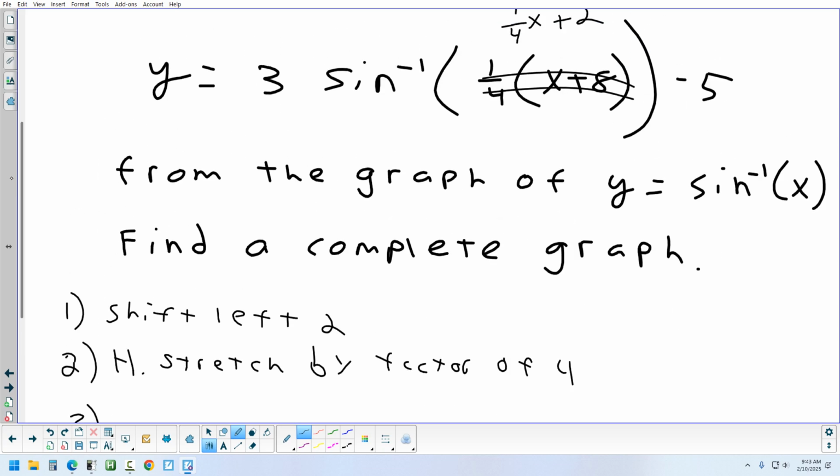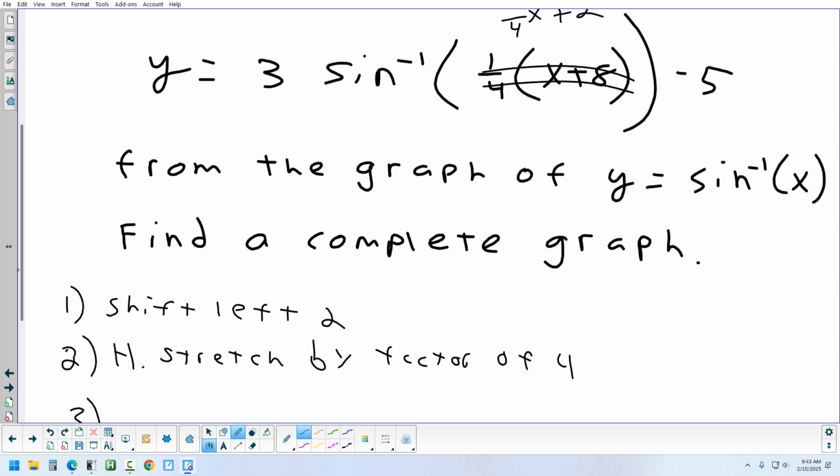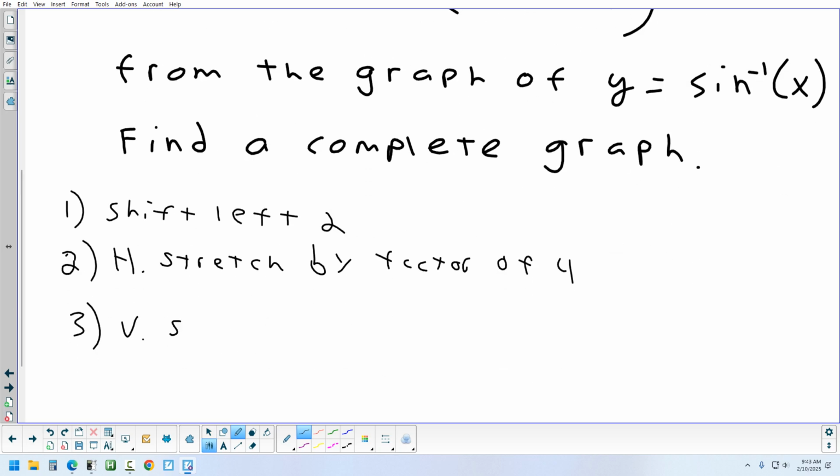Okay, what's the third transformation? Vertical stretch by a factor of 3. Nothing backwards with that one.